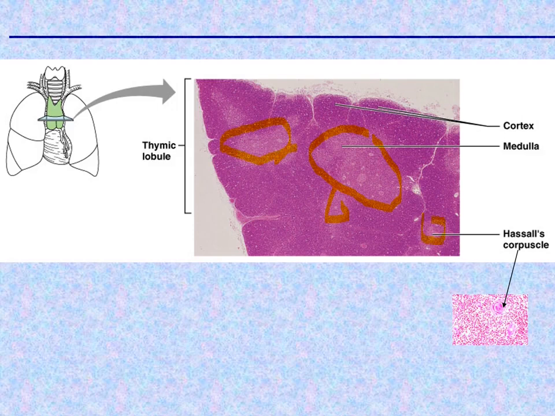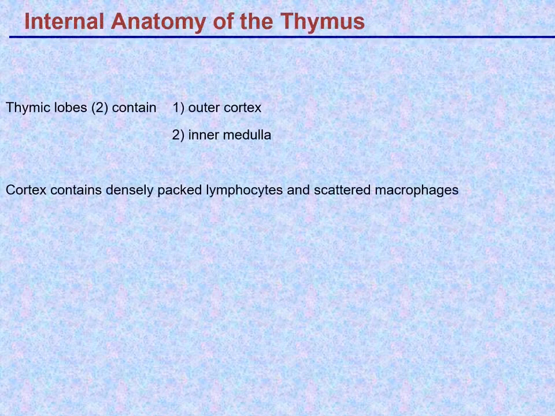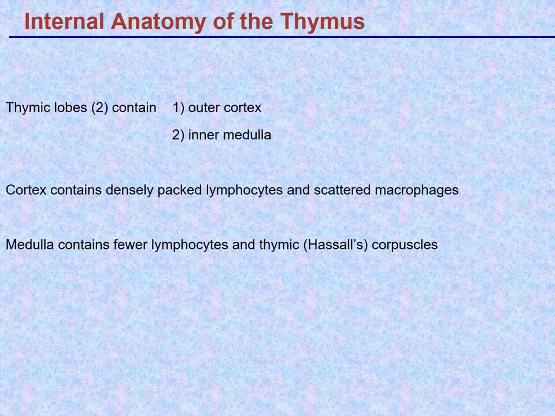That's all medulla. You find these unusual cells called Hassall's corpuscles in the medulla. So an outer cortex, an inner medulla, many, many cells in the cortex, fewer cells, and Hassall's corpuscles in the inner medulla.